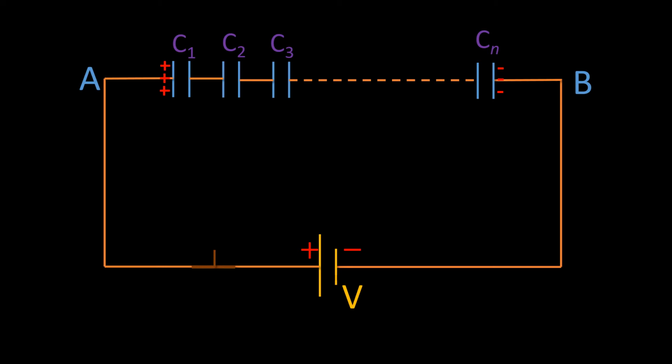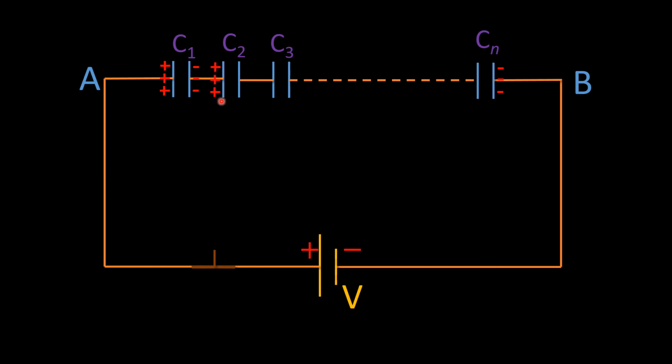So what happens here is, as we have positive charge on the left plate of C1, negative charge will be induced on the opposite plate, and because all the electrons gather on the right side plate of C1, the first plate of C2 becomes positively charged.